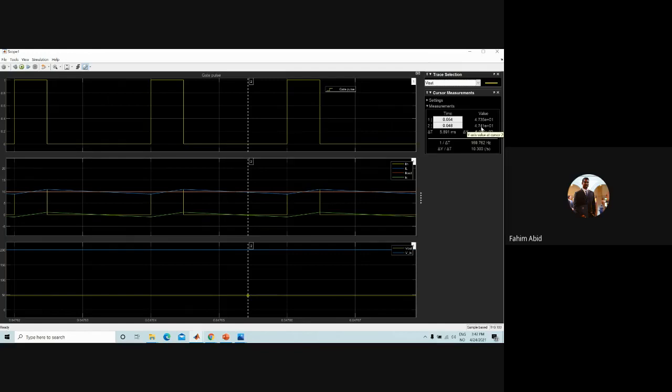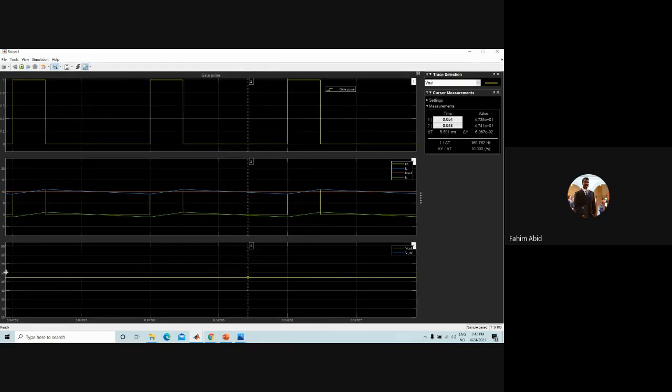So it's not exactly 48 volt. There is a certain ripple here. It will be more prominent if I zoom in on the output voltage, so you can see the ripple content. It's not so easy to see.